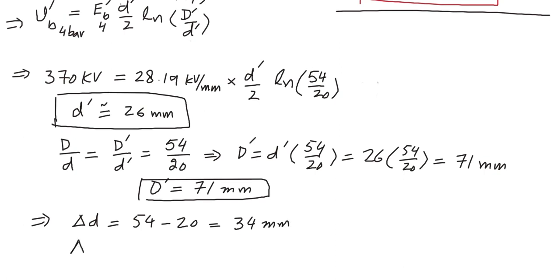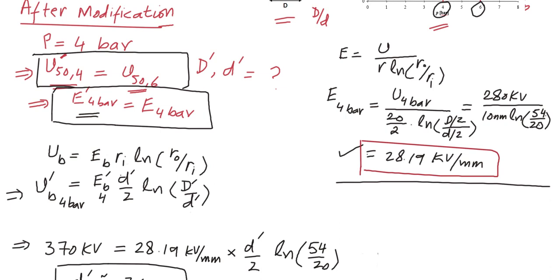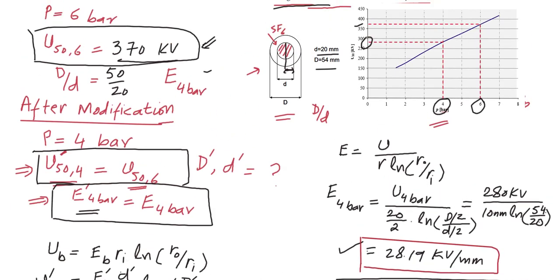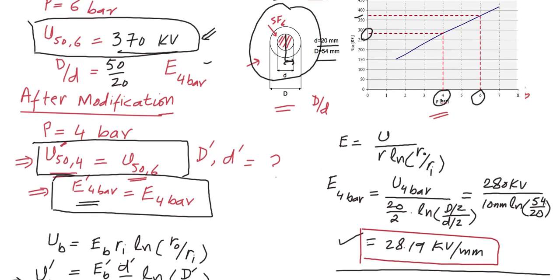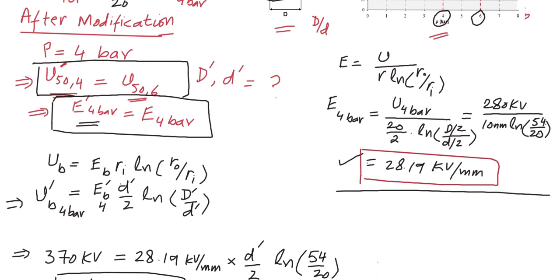Now after the modification, delta D bar is equal to 71 minus 26, which is 45 millimeter. This means the gap, the spacing where SF6 is filled, has increased in order to keep the same breakdown voltage.